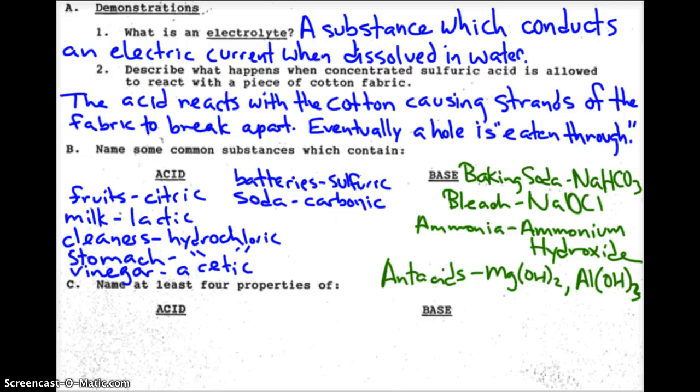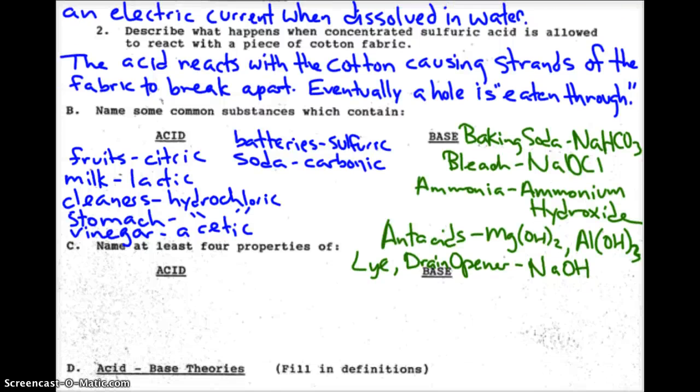And we have lye, and a lot of drain opener. Those are sodium hydroxide compounds or solutions. And then there's a lot of soaps as well. Very strong soaps are other hydroxides, mixtures of sodium and potassium hydroxide, things like that.